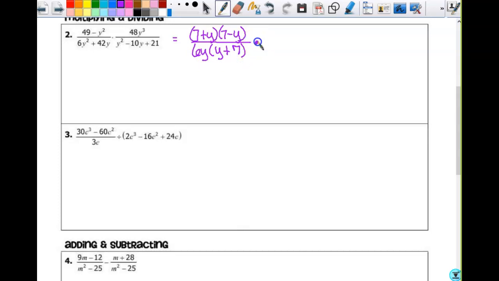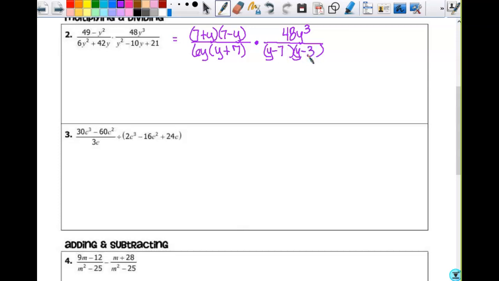Then I'm going to multiply by this fraction. Can't really factor anything in the numerator, so it's just 48y cubed. The denominator, I should be able to factor into two binomials. So this is going to be y and y. They have to be the same sign, so both negative. Two numbers that multiply to give me 21 and combine to give me 10: 7 and 3, good.